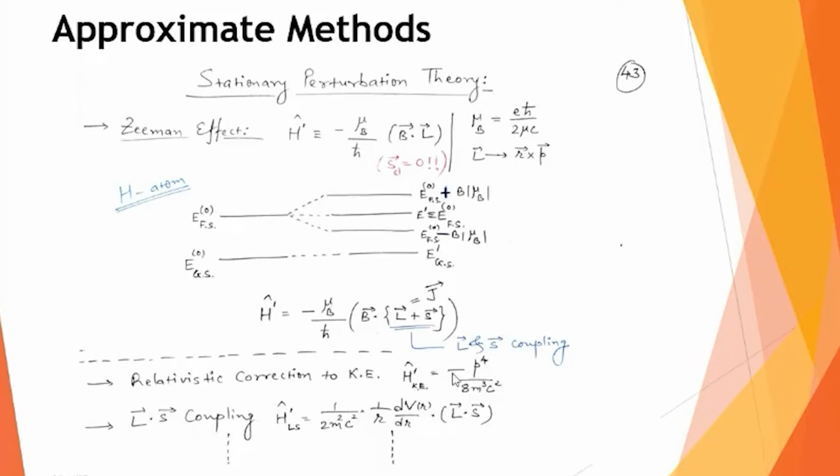And therefore, whatever correction due to relativity for this revolving electron I add, I now have the expression for this H dash, the kinetic energy correction due to the relativistic part, that I can include.